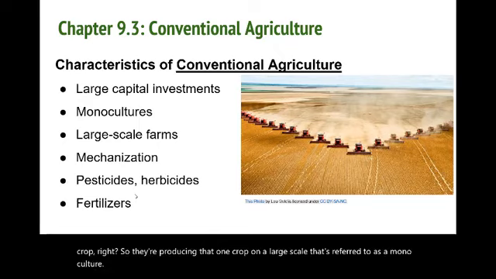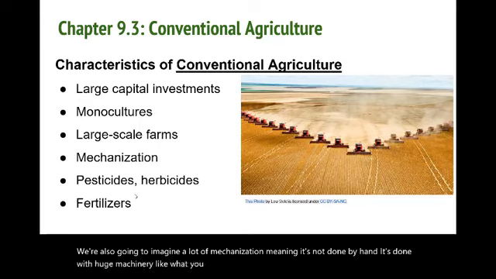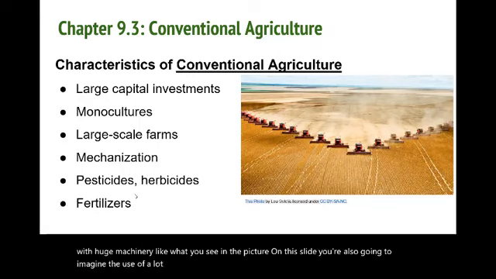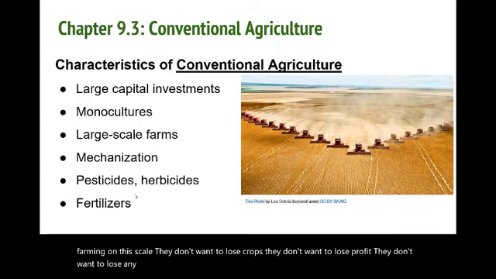We're also going to imagine a lot of mechanization, meaning it's not done by hand, it's done with huge machinery like what you see in the picture on this slide. You're also going to imagine the use of a lot of heavy pesticides and herbicides to kill insects of any kind. And so farming on this scale, they don't want to lose crops, they don't want to lose profit, they don't want to lose any money, so they don't want to risk pests consuming any of their food.